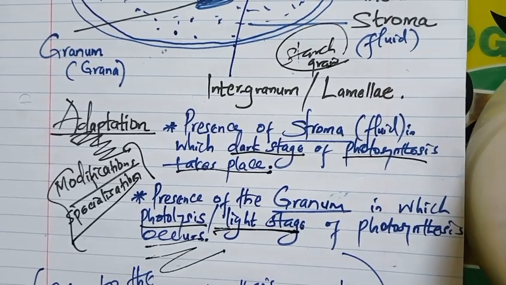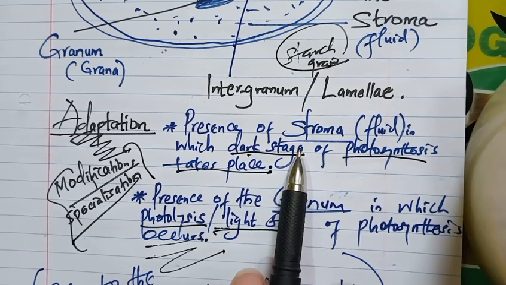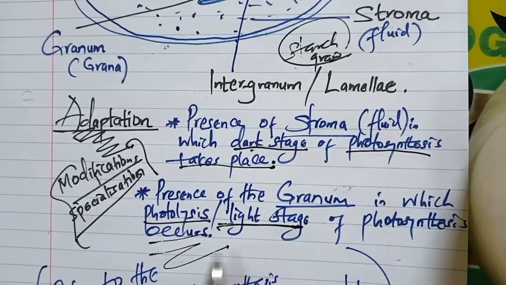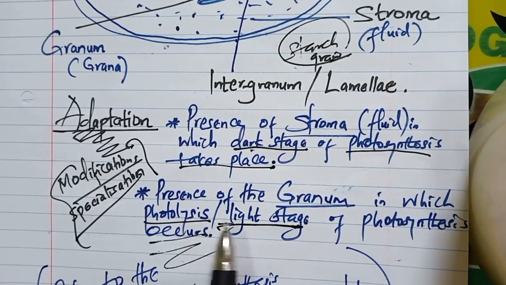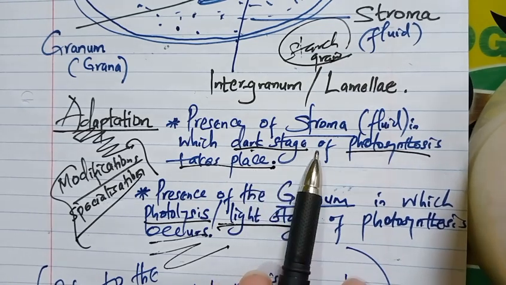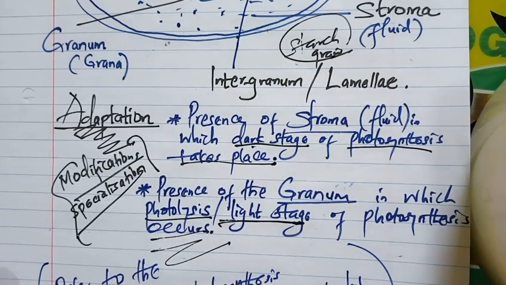I still want to welcome you to that video in Form 1 about the process of photosynthesis, because there you will understand that the dark stage is also called the carbon dioxide fixation stage. Then you will understand that photolysis is another term for the light stage of photosynthesis or light dependent stage, while the dark stage is the light independent stage.